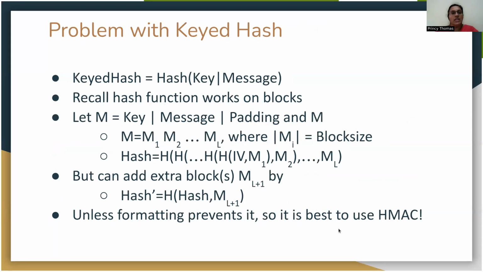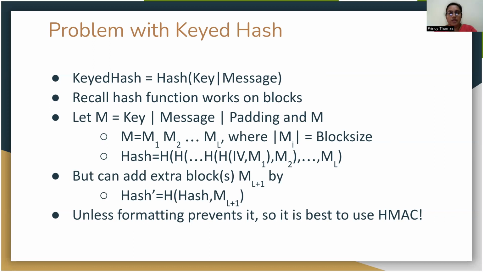Now, the problem with keyed hash. We saw that the keyed hash is the hash function with the key and the message as input. The hash function works on blocks, so the message itself is going to be the key appended with the message and any padding needed for the block size.